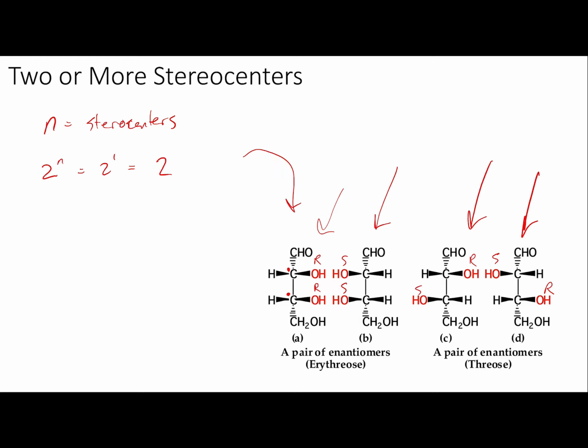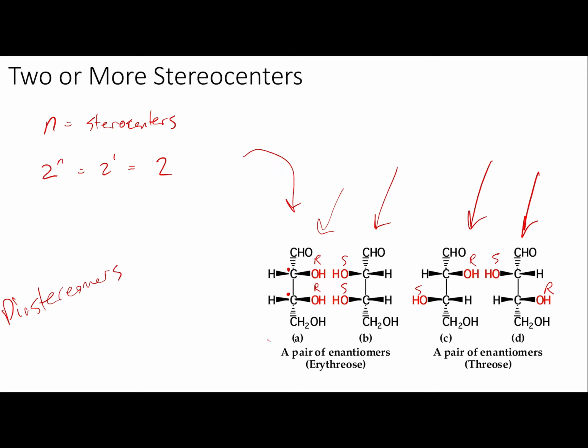Notice that we're going to end up with 2 sets of enantiomers, 2 sets of mirror images, but this introduces the diastereomers. Diastereomers are stereoisomers that are not mirror images.